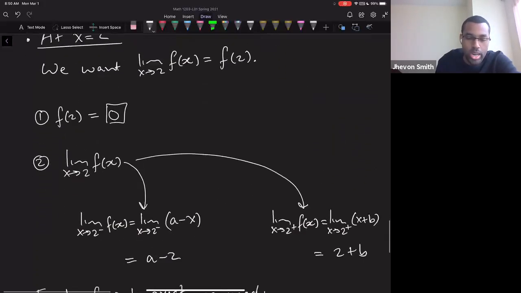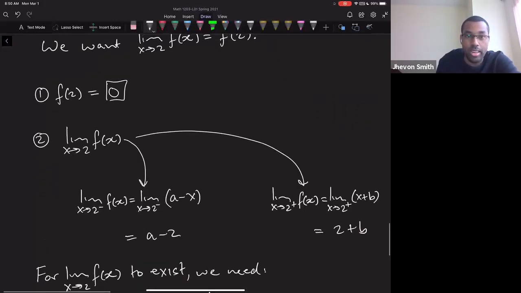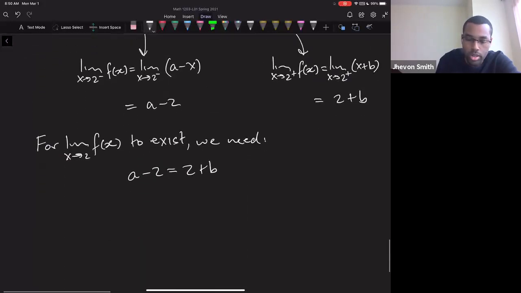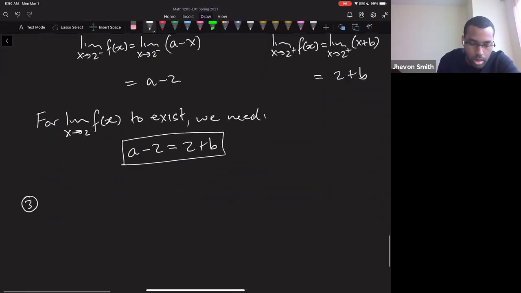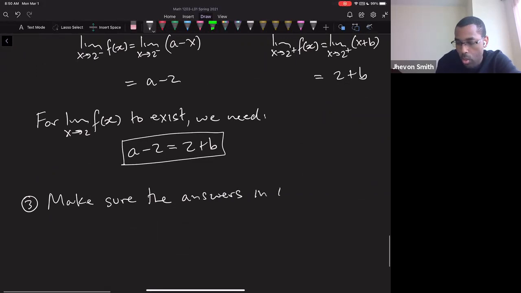Okay. So we know that the function is defined at the point to be 0. We also know that these two expressions need to be the same. So the third thing we need to do is to make sure the answers in 1 and 2 are the same, right?